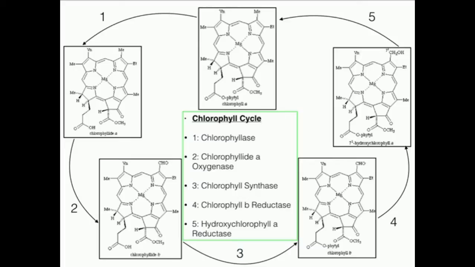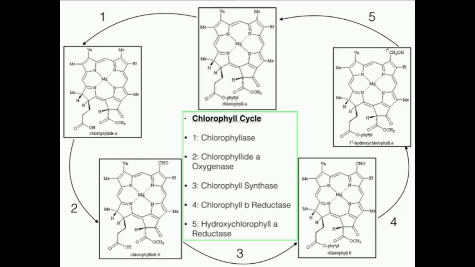Now, chlorophyllide A can be turned into chlorophyllide B by an enzyme called chlorophyllide A oxygenase. Notice what this is going to do. This methyl group up here at the top, it's going to oxidize that methyl group into an aldehyde as shown right there. That's chlorophyllide A oxygenase.